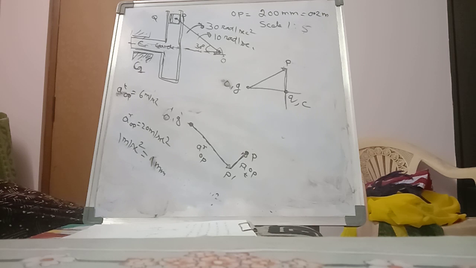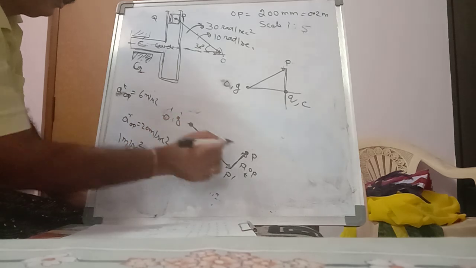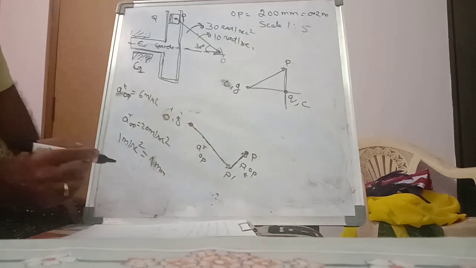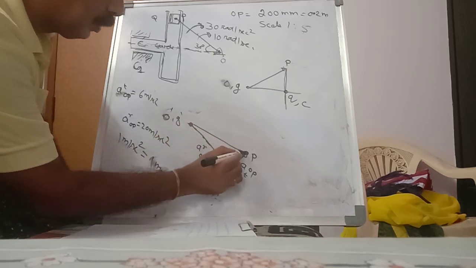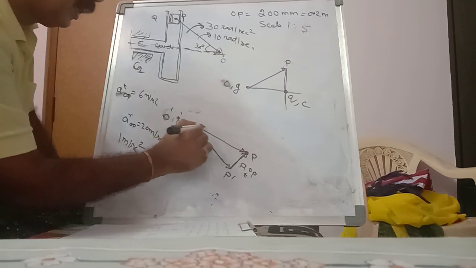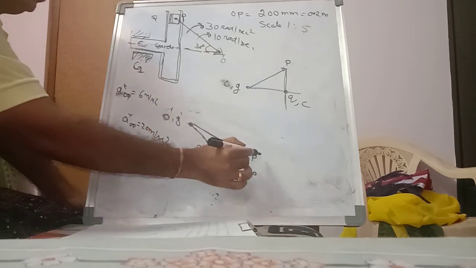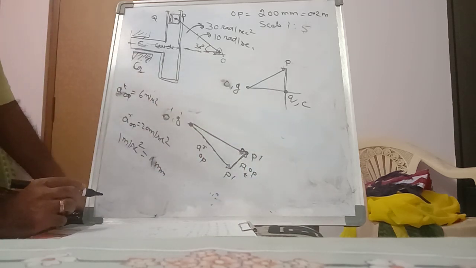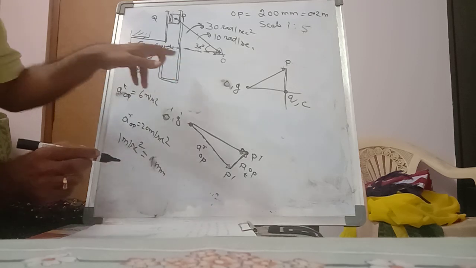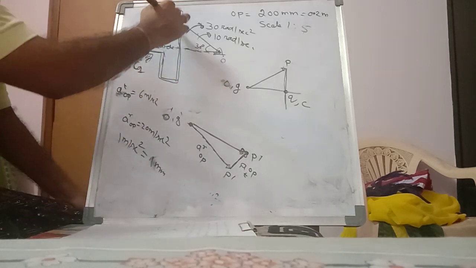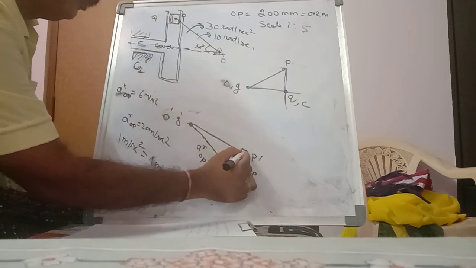Now, how to find C and Q? You can join O dash P dash. This is the point P dash, and O dash P dash is the acceleration of P. Now to find Q dash and C dash: because it is a slider, P will move vertically, so from P dash you draw a vertical line.